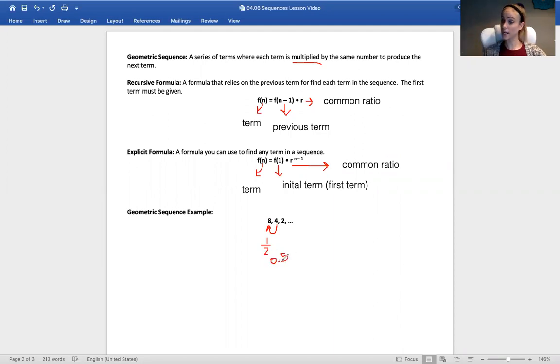Then we need to do it with the next term to make sure it's common, make sure it's constant. 2 divided by 4 is also 1/2, or 0.5. All right, so our common ratio is 1/2, or being multiplied by a factor of 0.5.